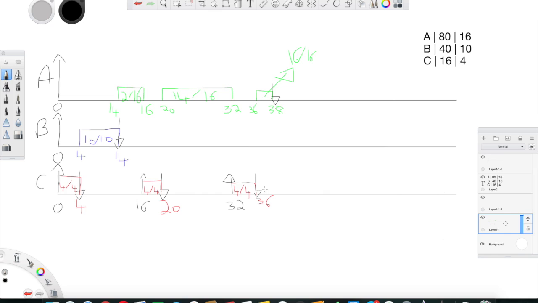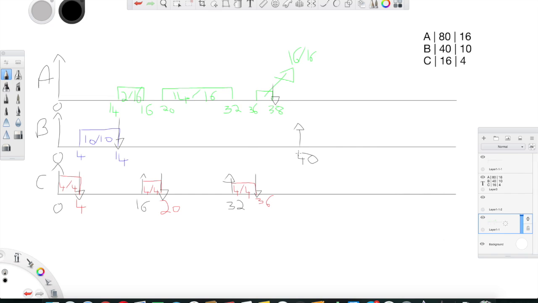We have only one task remaining because B will return back to the system at clock tick 40, and actually task C will return back at clock tick 48. Okay, 32 plus 16 is 48.